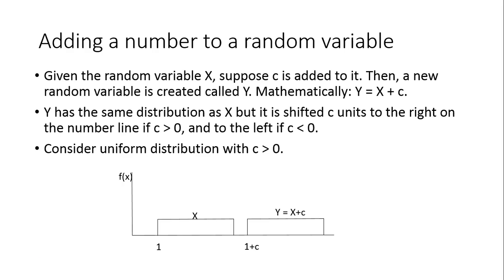The whole idea is that I add this c to every possible number. This is adding a number to a random variable, so the whole distribution is shifted to the right in this case.